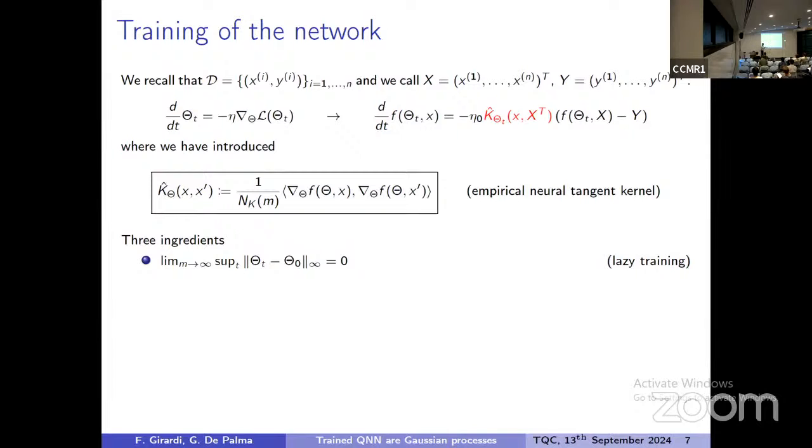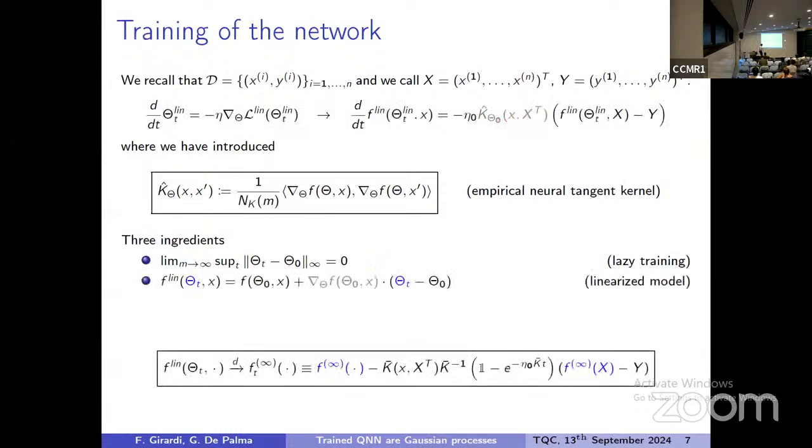So given any initial parameters, at least with high probability, the evolution will be confined into a really small region. And therefore, it makes sense, at least heuristically, to consider the first order Taylor expansion of the model and say, okay, this might be a good approximation of the original model because the displacement in the parameter space is very small.